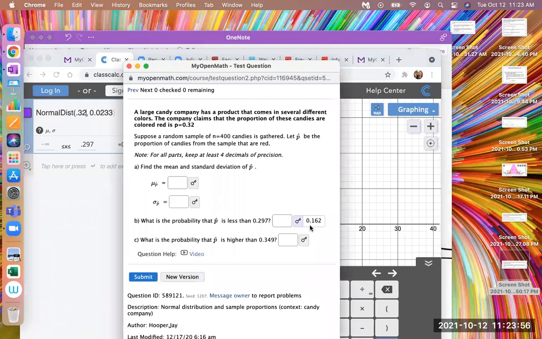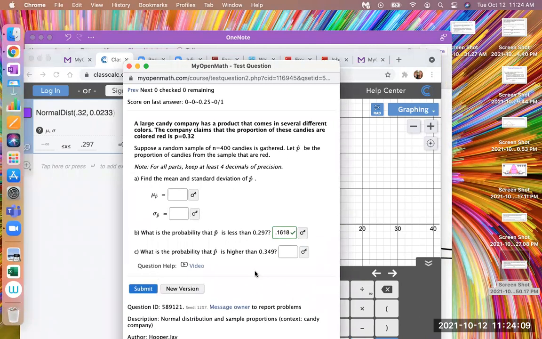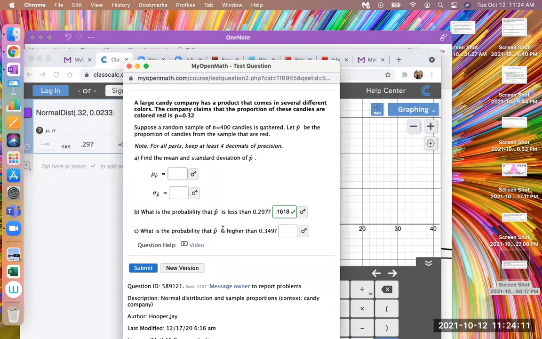They just rounded it to 0.162. Okay, hopefully they would accept an answer like 0.1618, which they do. Okay, which they should.